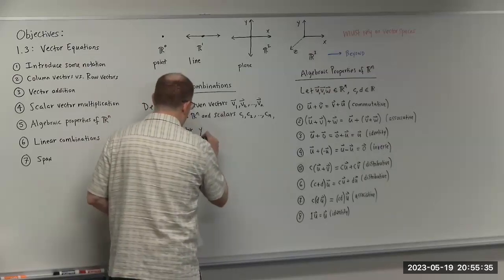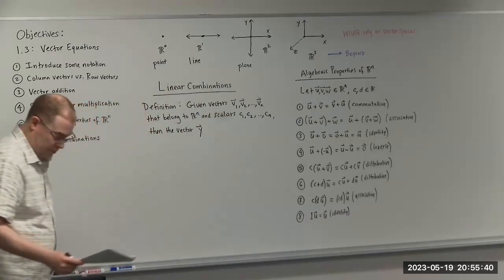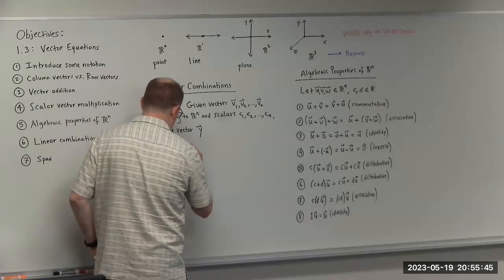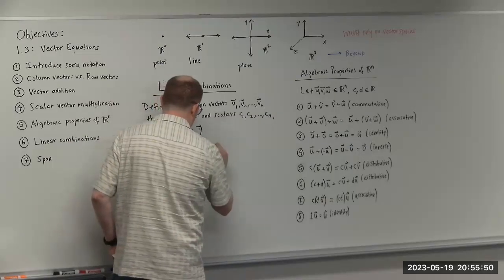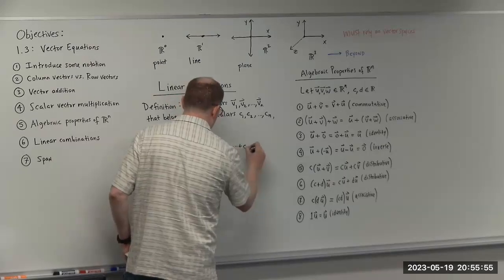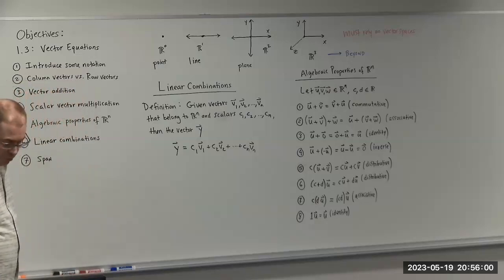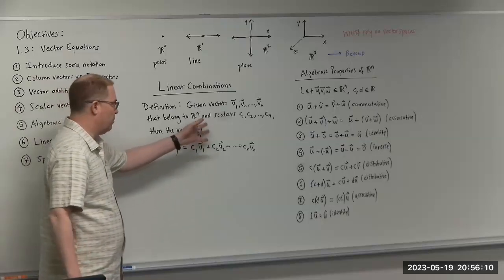Then the vector y is going to be expressed this way: C1 times V1 plus C2 times V2, and so on. So the vector y is written in terms of a linear combination of V1, V2, and all the way up to Vn.